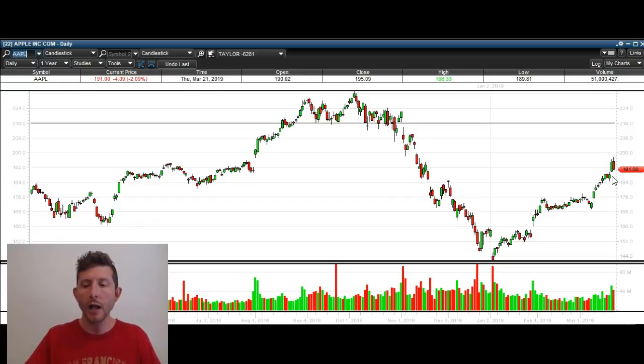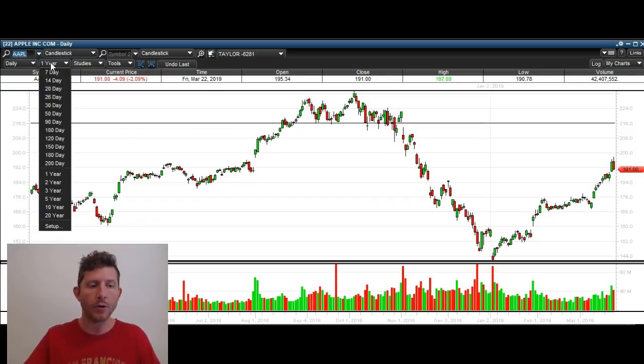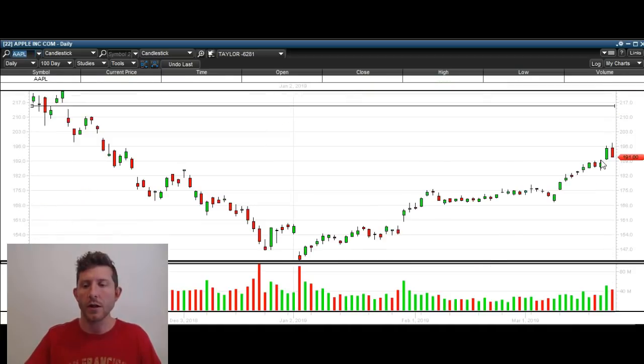Now, if we head lower on Apple, and if you zoom in here, you're going to see Apple didn't even make a lower low. Last week, we actually made a higher high and a higher low. Yeah, it was a red day, but you get red days in an uptrend. No big deal. And we held the low.